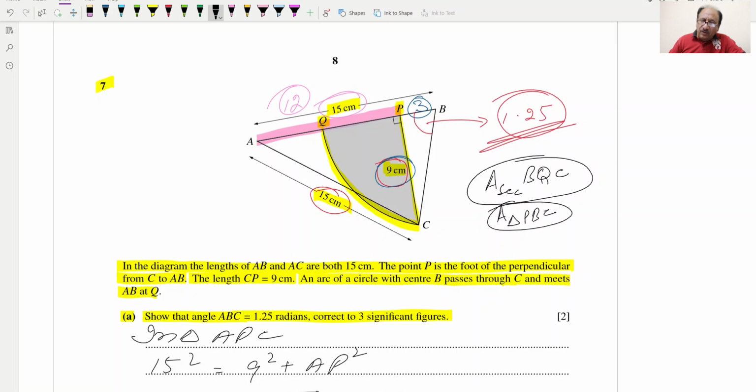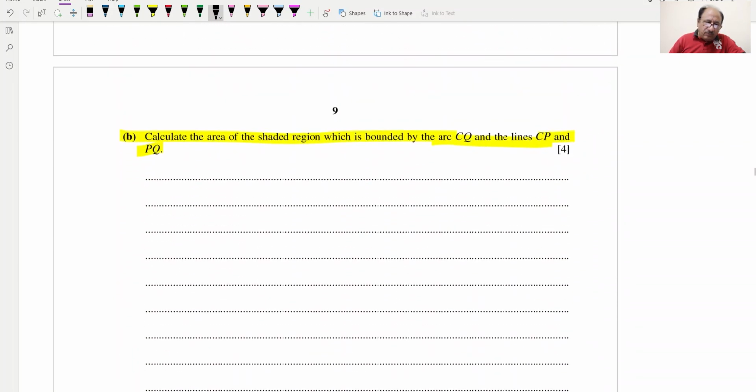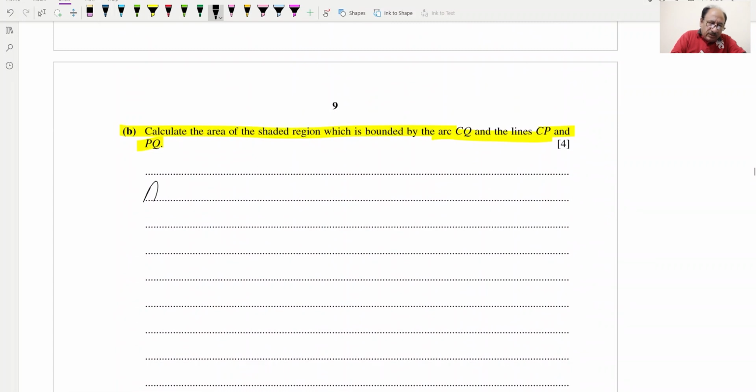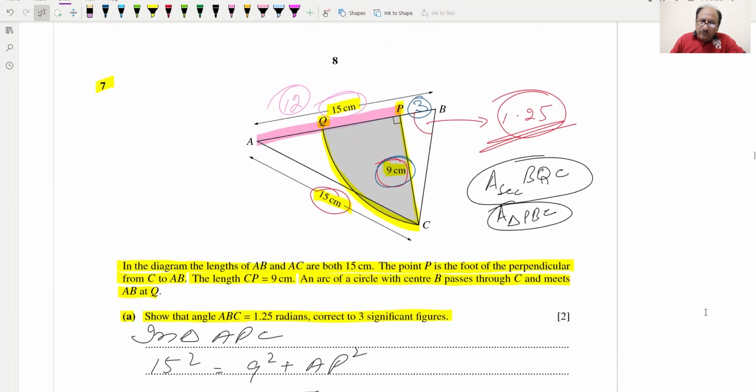This will be our strategy, and we will act upon it. First of all we will find the area of the sector, and the formula is area of sector equal to 1 by 2 r squared theta. We need to find r, basically this length in triangle PBC. We have two sides.